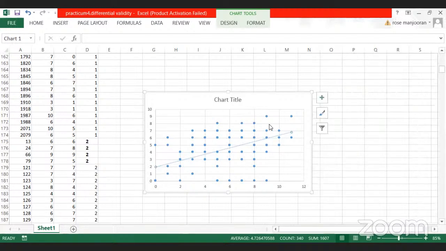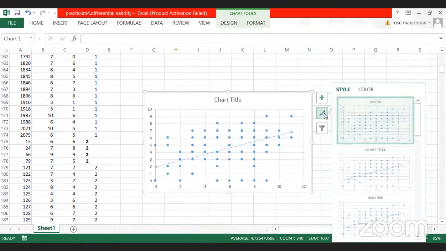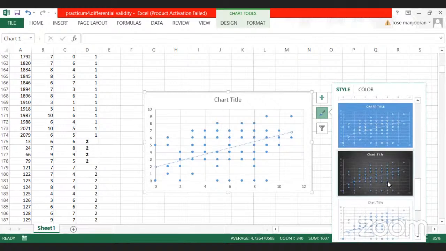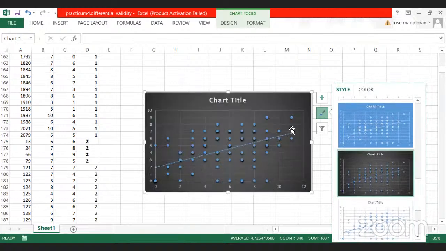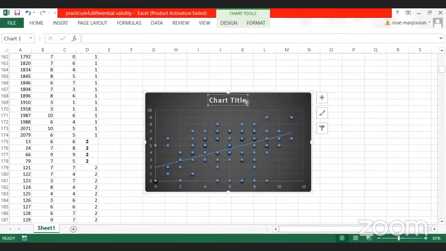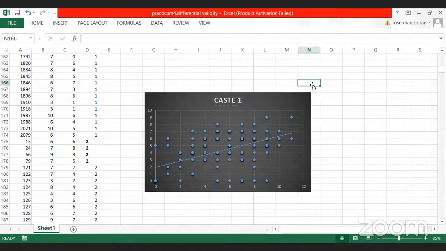Then to make it clearer, you change the background, so here you will get a black one. So you can see the points exactly. So this will be the scatter plot of caste 1. Is it clear?